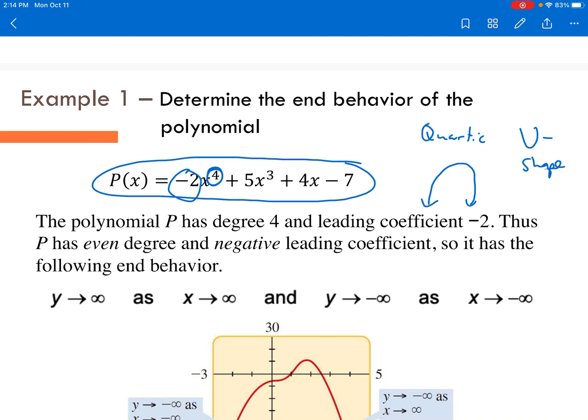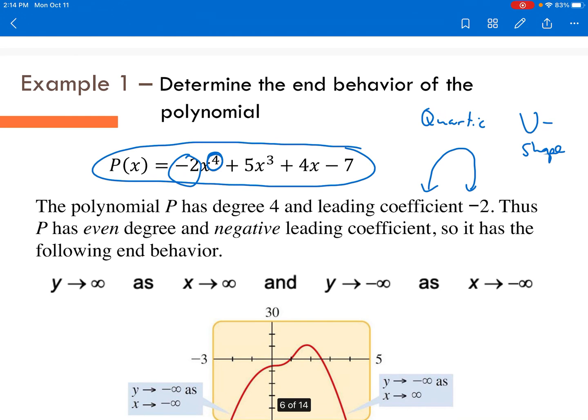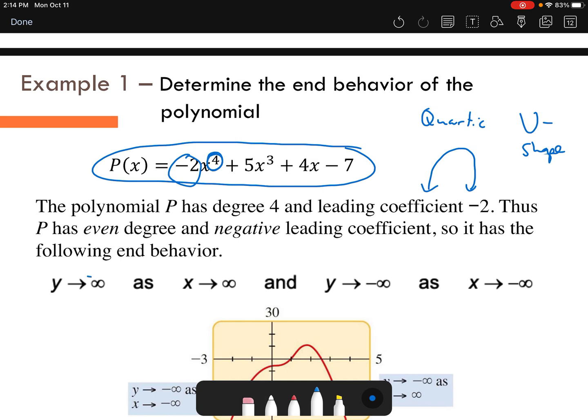So y approaches infinity? No, that's not right. Ooh, this is wrong. This should have a negative in front of it, shouldn't it? Y approaches negative infinity as x approaches infinity, and y approaches negative infinity as x approaches negative infinity.